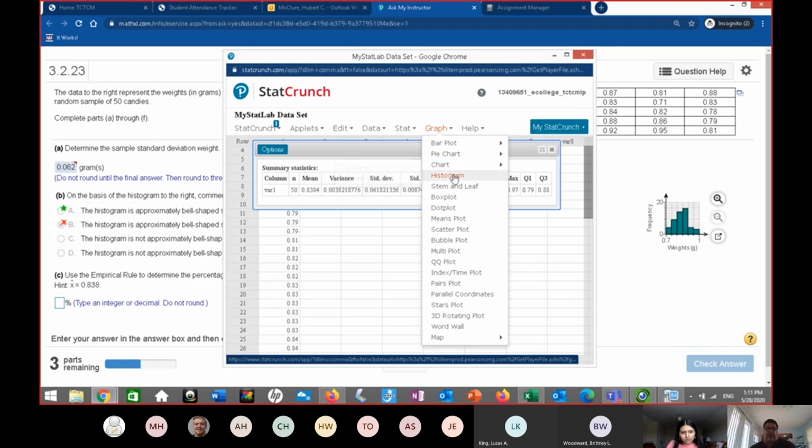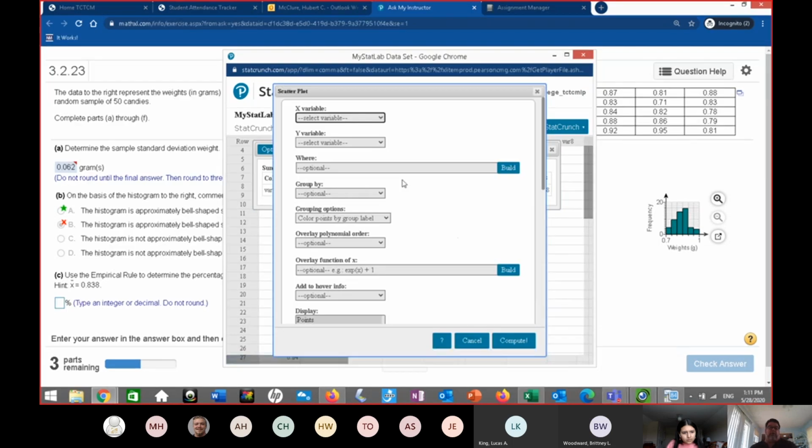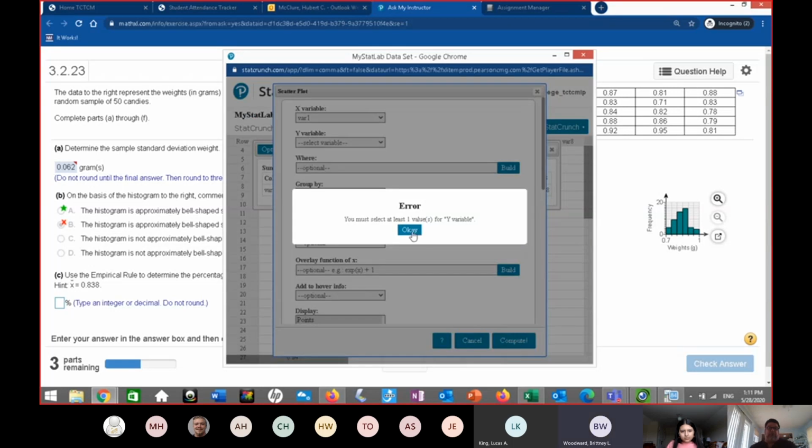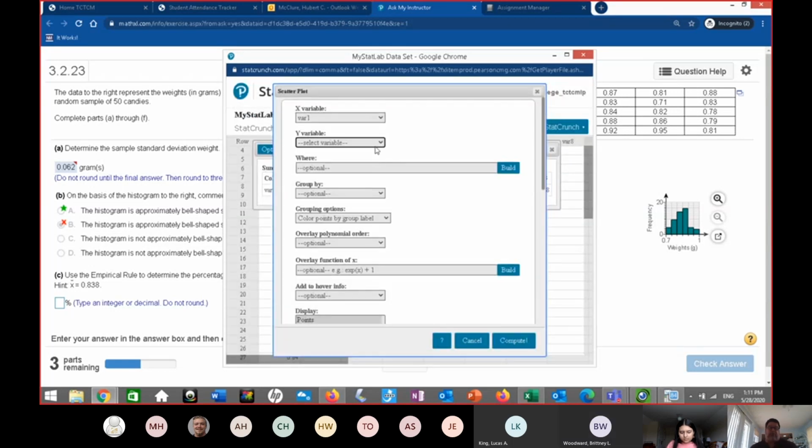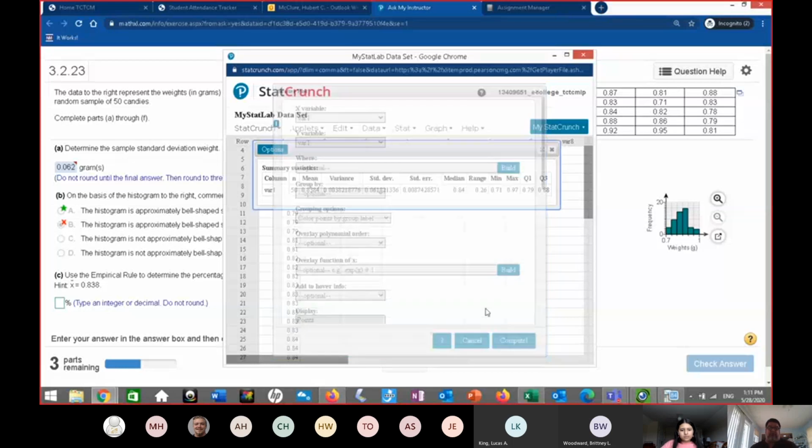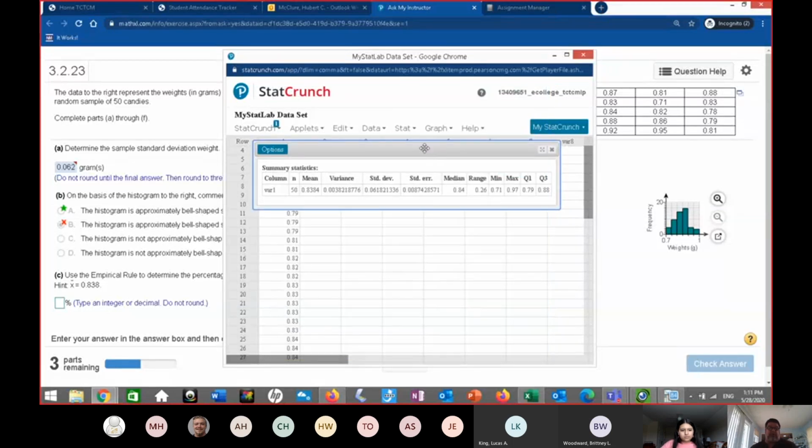Box plot? No, not a box plot. Whatever, scatter plot. Select variable and compute. Okay, I don't have a Y. Does it have a Y variable? I don't think we do. We don't have a Y variable, so I can't do a chart plot. They're probably not asking for that.